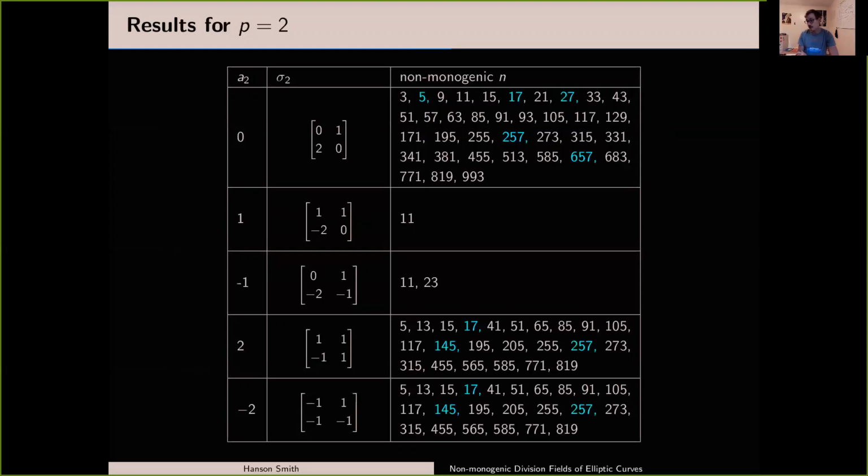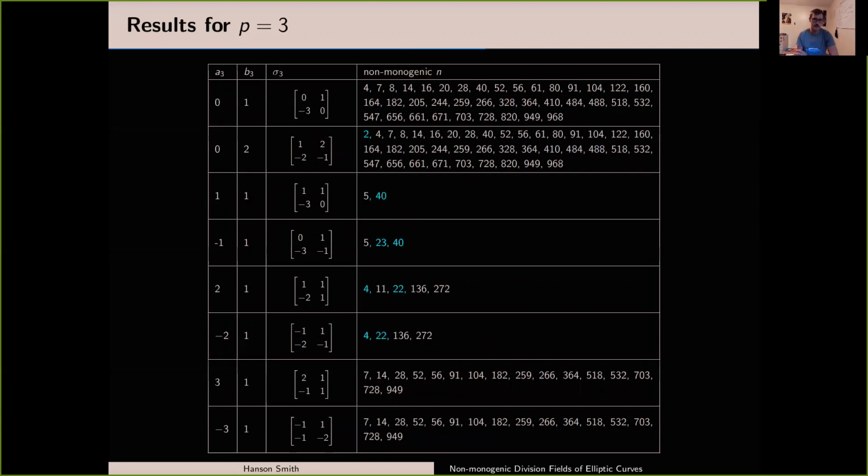And so if I restrict to Serre curves, all the non-blue, white, n are still non-monogenic. That's due to a result of Jones saying almost all elliptic curves are Serre curves. This says there really are a lot of non-monogenic torsion fields.